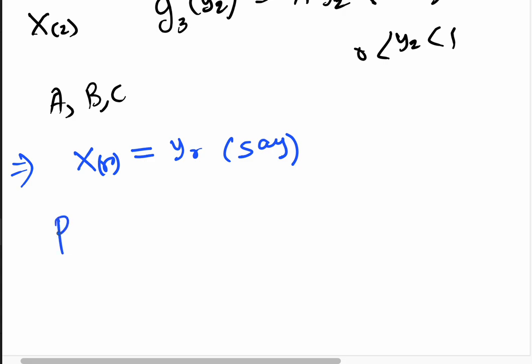We have to find the probability density that x of r is equal to y of r.